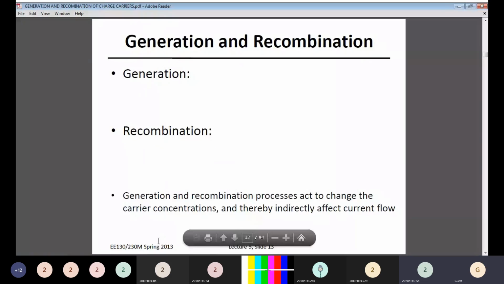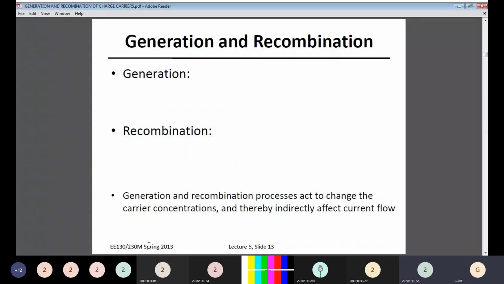Next, we move on to the generation and recombination of charge carriers. Generation of charge carriers is generating the majority charge carriers on the n-type material, that is electrons. Similarly, on the p-type material or p-type region, it is holes. Holes are the positively charged particles, which are majority charge carriers on the p-type.